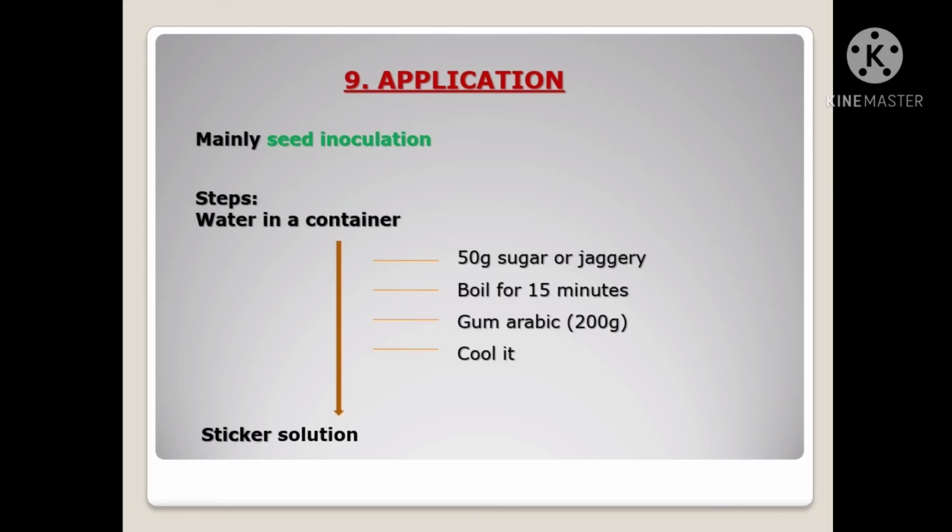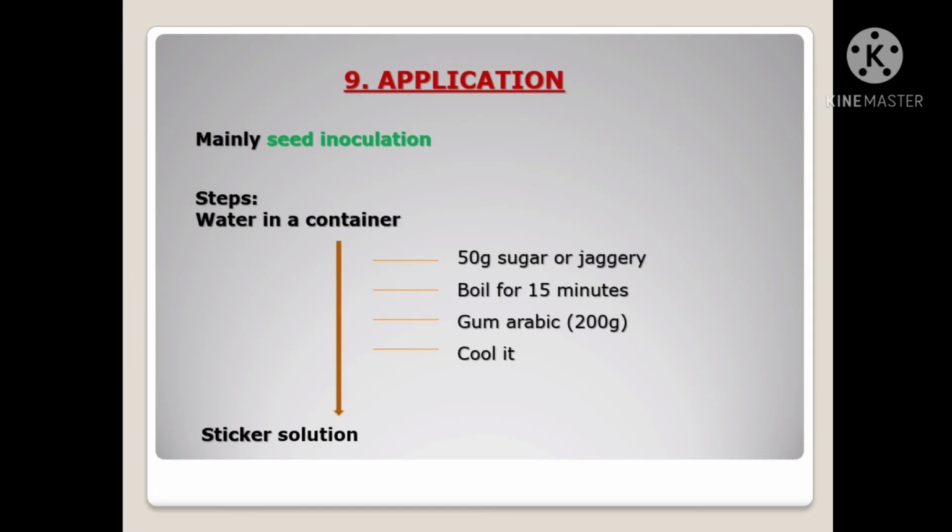Application. Mainly seed inoculation is practiced. The major steps for inoculating seeds with rhizobial biofertilizer include the following. First, take water in a container, to which add 50 gram of sugar or jaggery and boil it for 15 minutes.